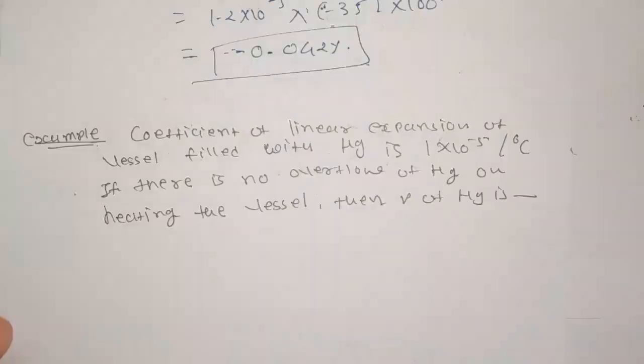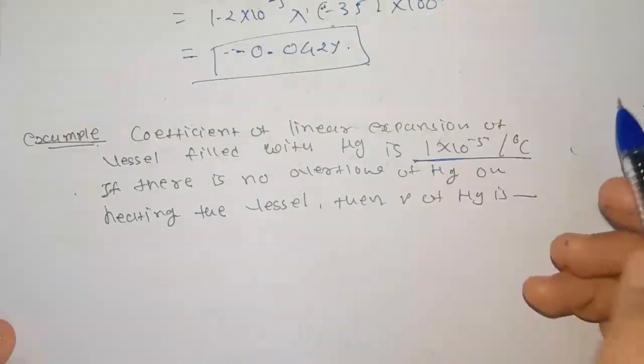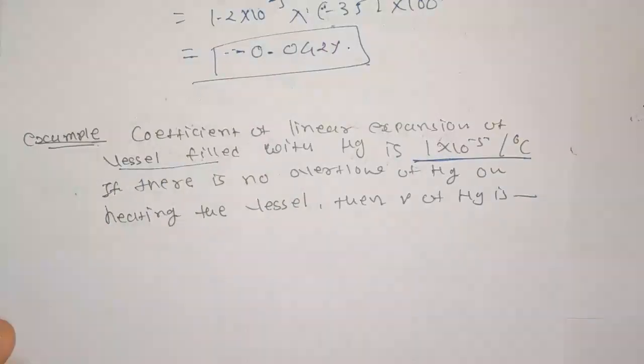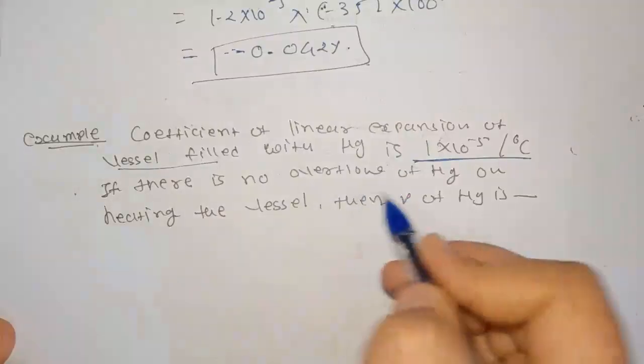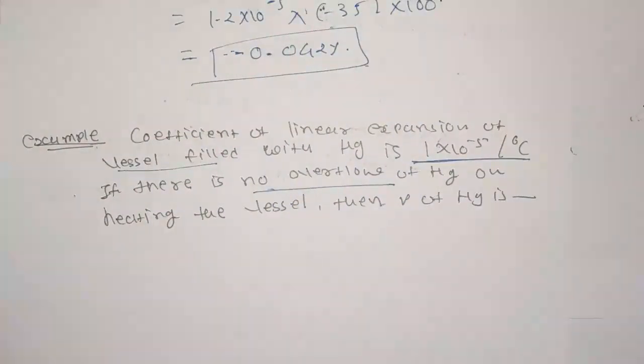In the next example, the coefficient of linear expansion of a vessel completely filled with mercury is 1 into 10 power minus 5 per degree Celsius. This is for the vessel. If there is no overflow of Hg, then what is the coefficient of cubical expansion of Hg?